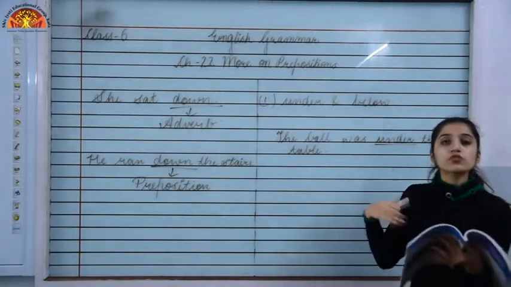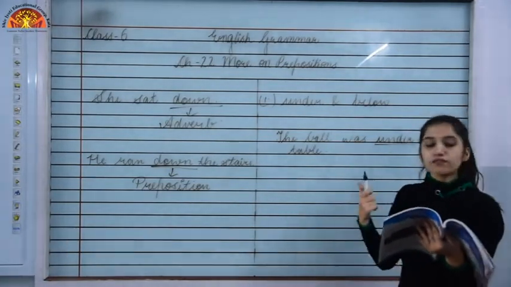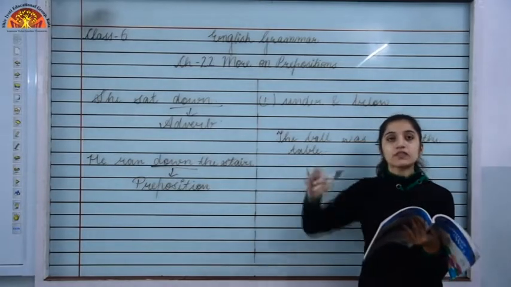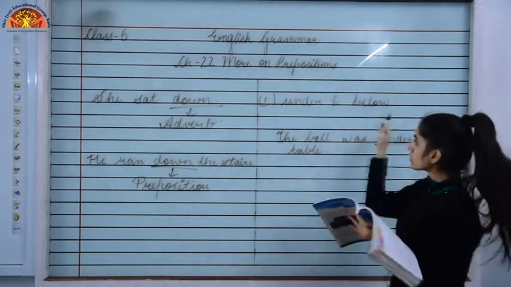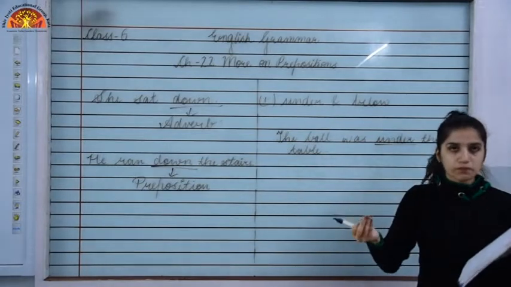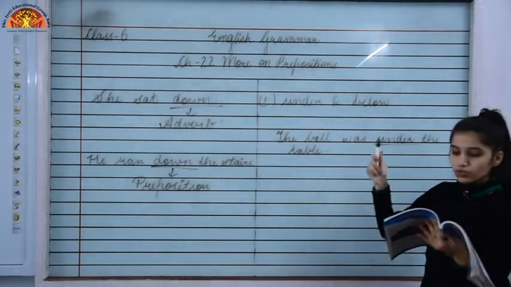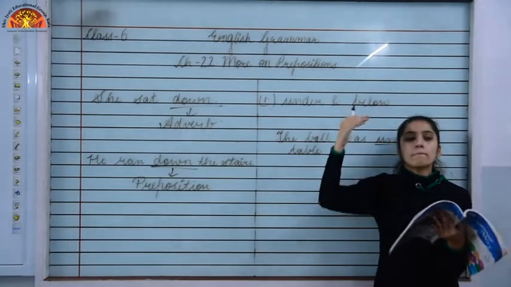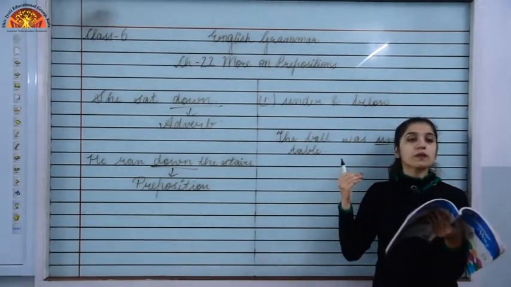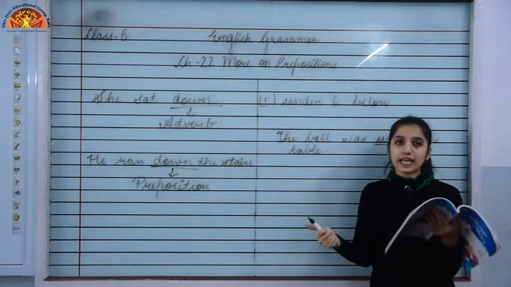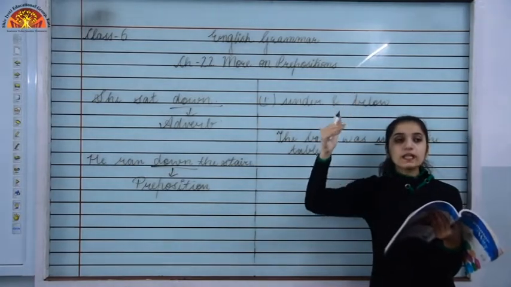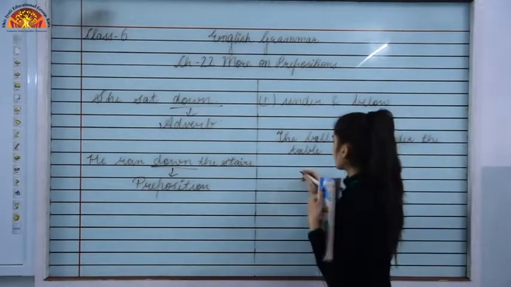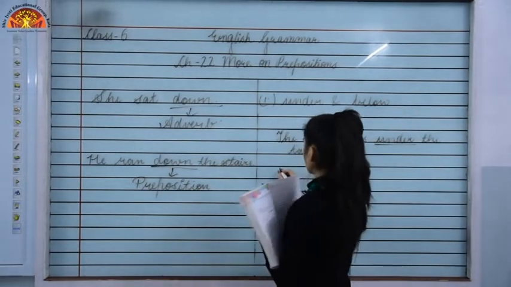Below is used to show the measurements of temperature and height and to indicate that something is less. Both are shown for the lower than purpose, but below is used to show the measurement of temperatures and height and to indicate when something is less. So now let's take an example of below.